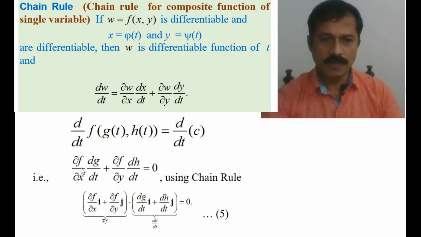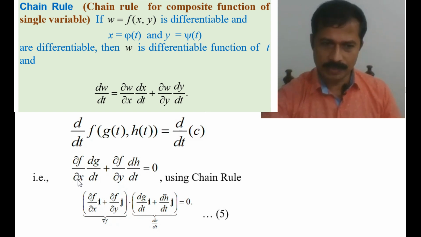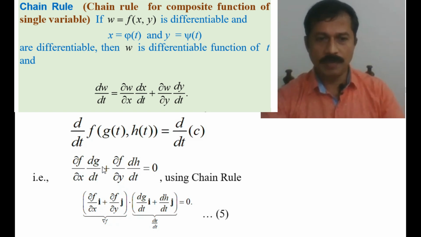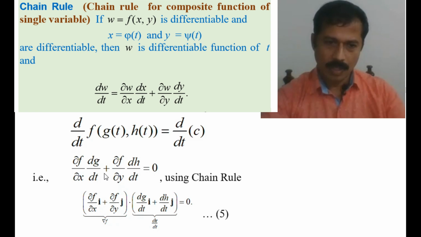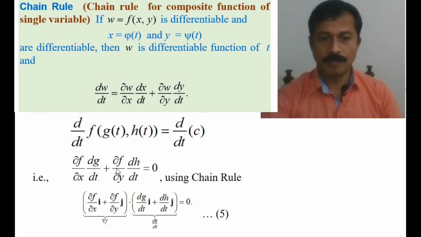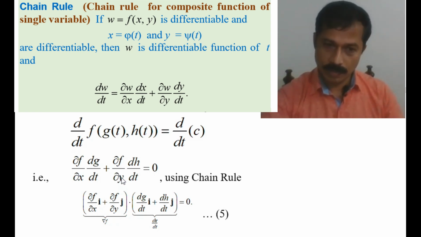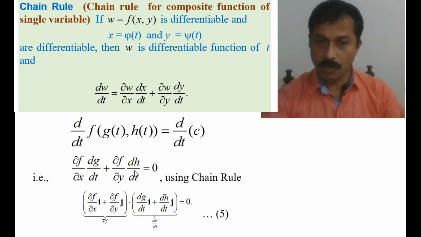So in order to find d by dt of this f, we first find the partial derivative of f with respect to x and multiply it with the ordinary derivative of g with respect to t, plus the partial derivative of f with respect to y times the ordinary derivative of h with respect to t.